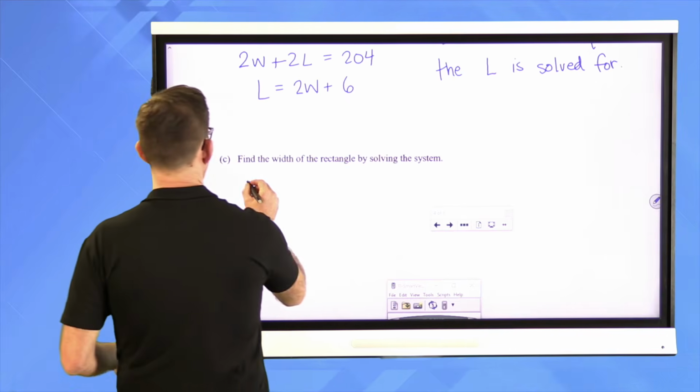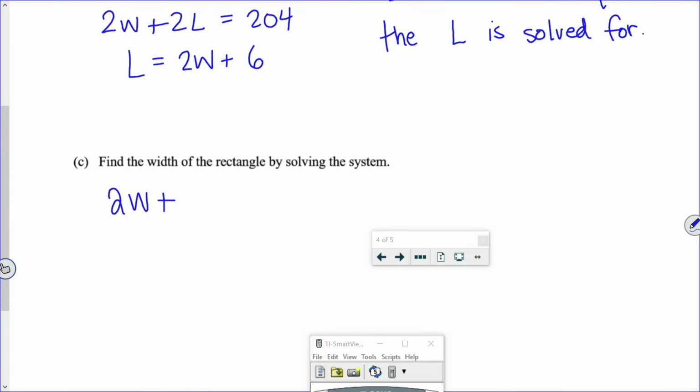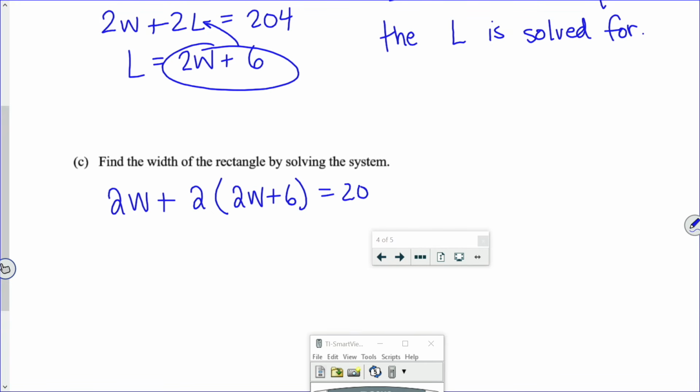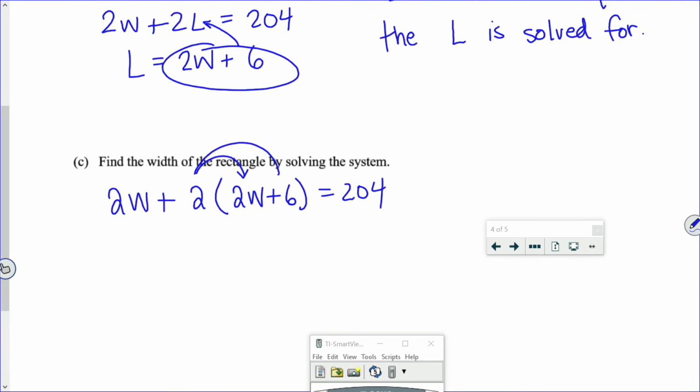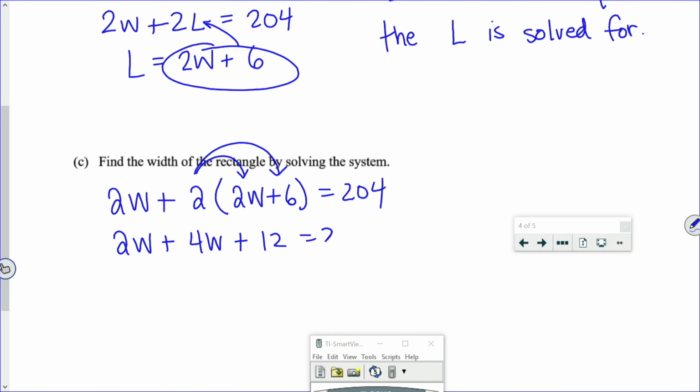So I've got 2 times w plus, now I'm going to take this and substitute it in for that L. Be careful, that L has to be multiplied by 2. So I have 2w plus 2 times 2w plus 6. I'm going to now solve this by distributing the 2. That's going to give me 2w plus 4w plus 12 is equal to 204.